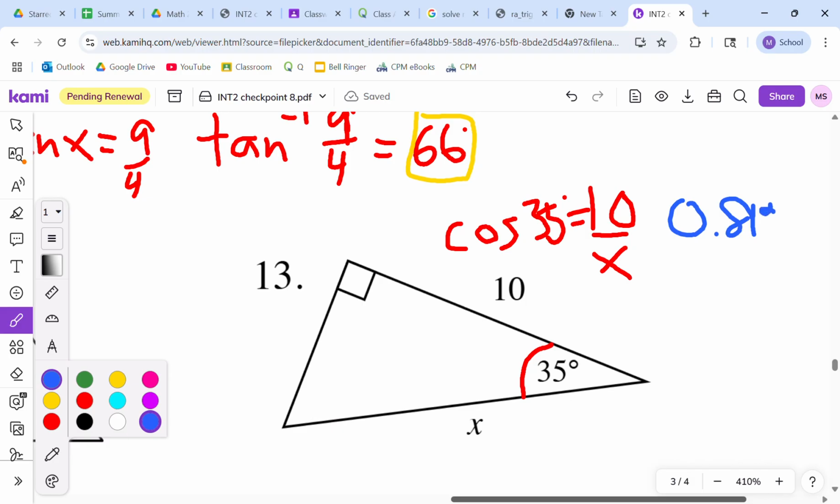I thought it'd be x over 10. Okay, so cosine is adjacent over hypotenuse. Right? And the adjacent side is 10, and the x is the hypotenuse. So that's why this is 10 over x, okay?